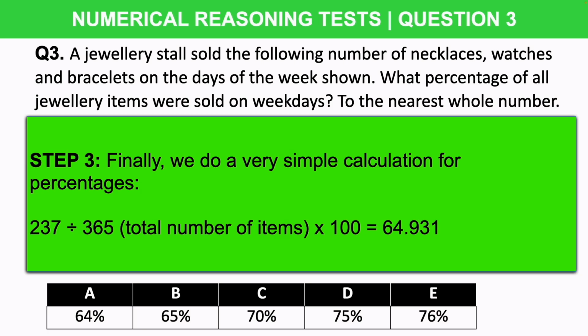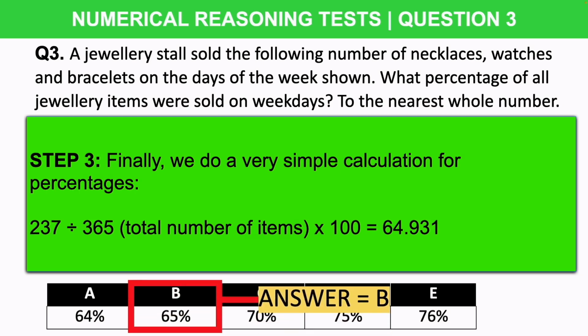So we do 237 divided by 365, and then that number we multiply by 100, which gives us 64.931. And remember, the question said to the nearest whole number. So 64.931 gives us the correct answer option of B, 65%.